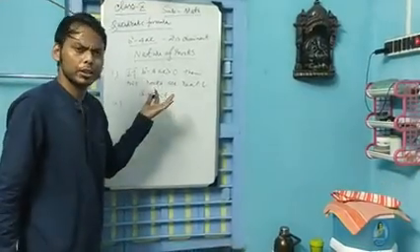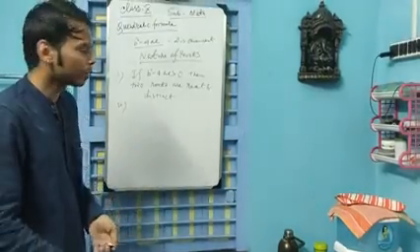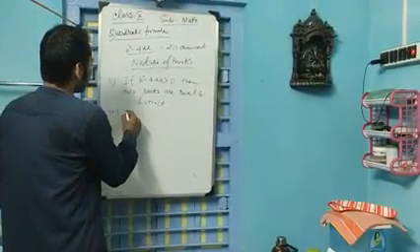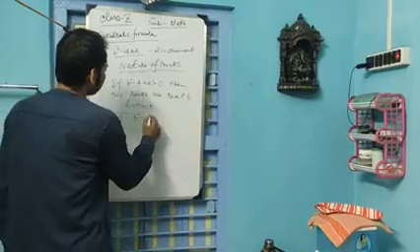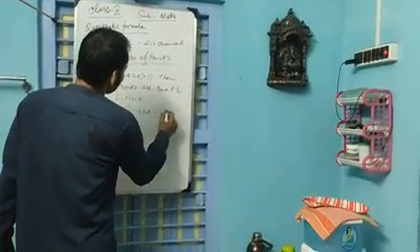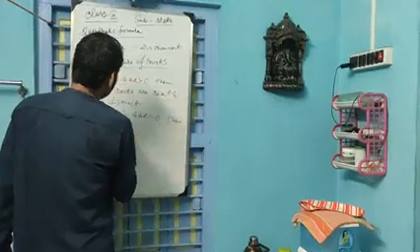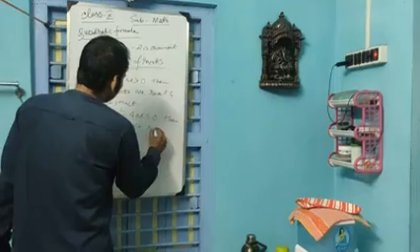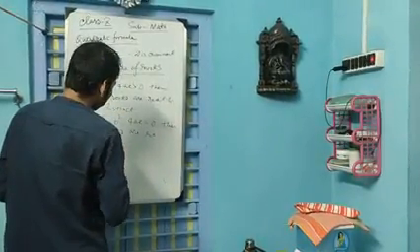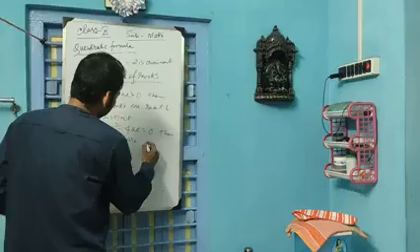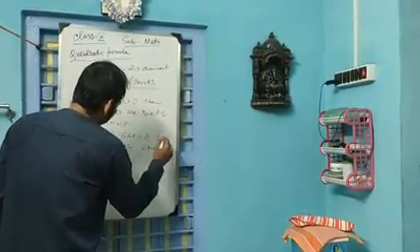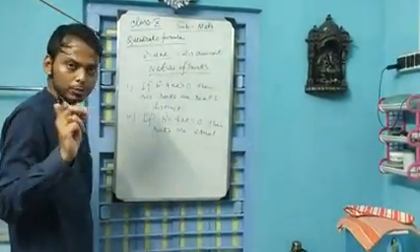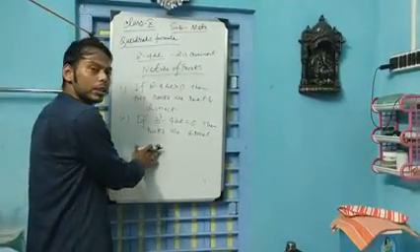You know that in a quadratic equation there will be only two roots. The next condition, if b² - 4ac equals 0, then the roots are equal.